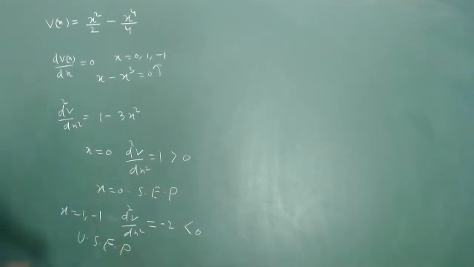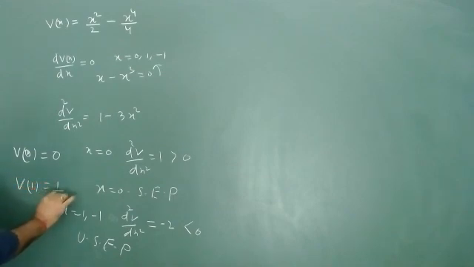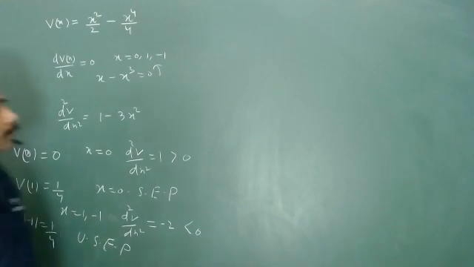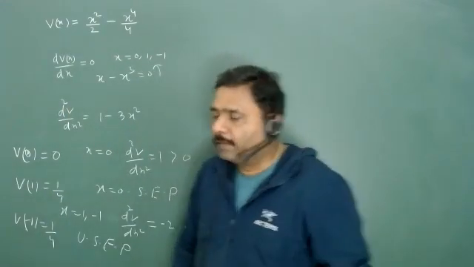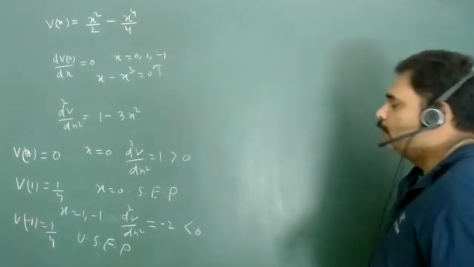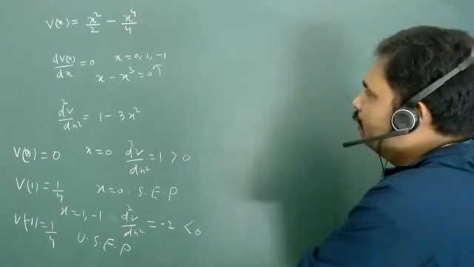Now we also have to check V at these points. V(0) is equal to 0, V(1) is equal to 1 by 4, and V(minus 1) is also 1 by 4. So this is enough information we need before plotting the potential.